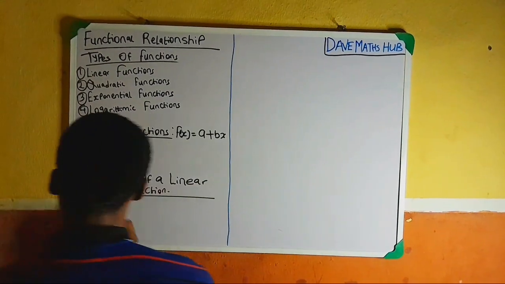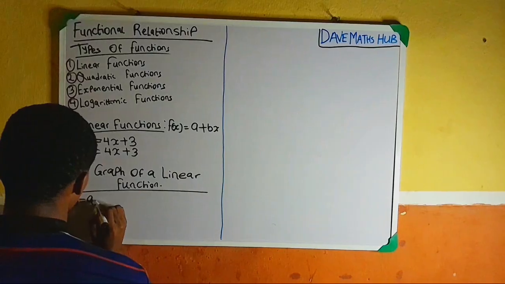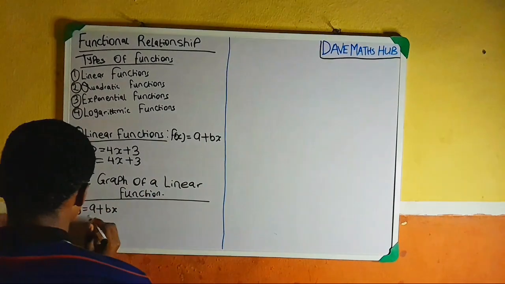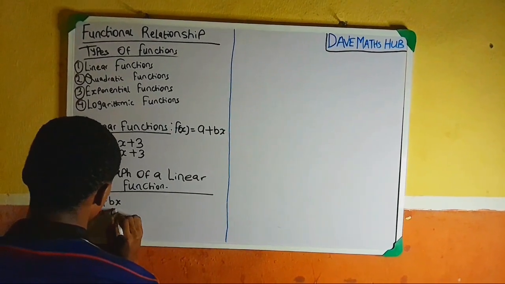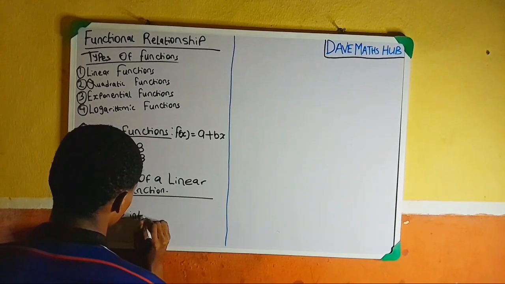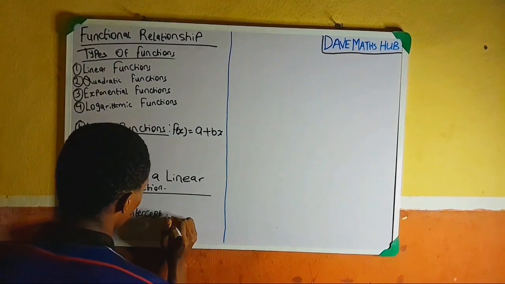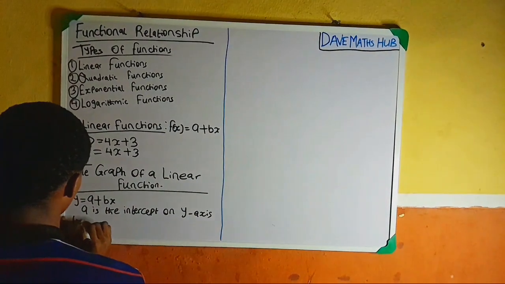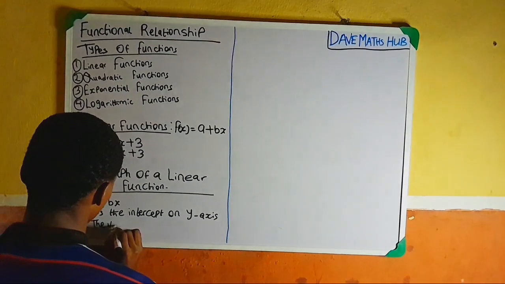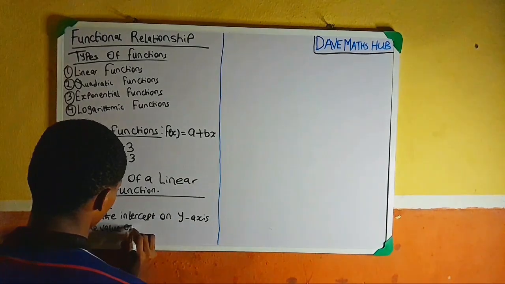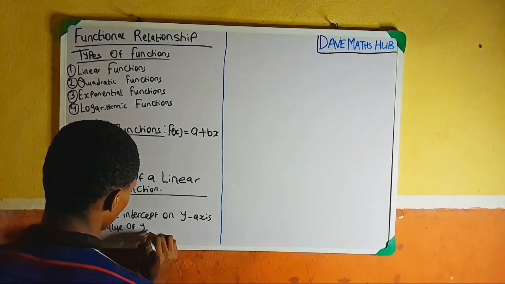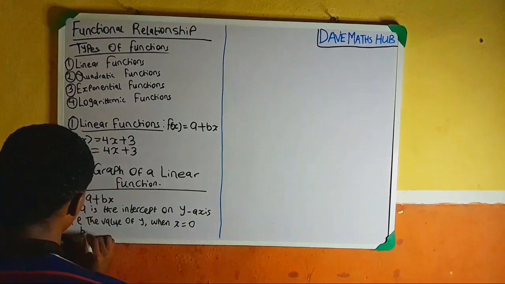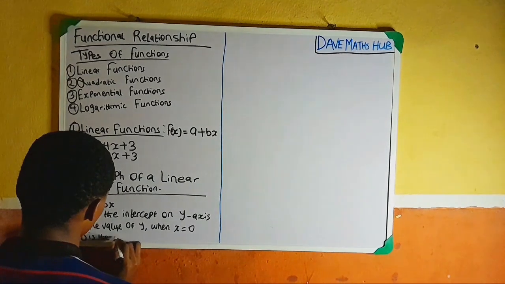So the graph of a linear function y equals a plus bx is a straight line whereby a is the intercept on the y-axis, that is the value of y when x equals 0, and b is the gradient of the slope.